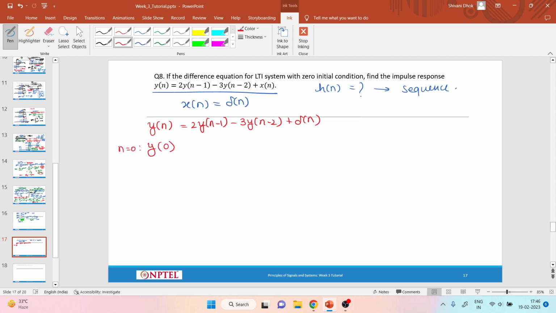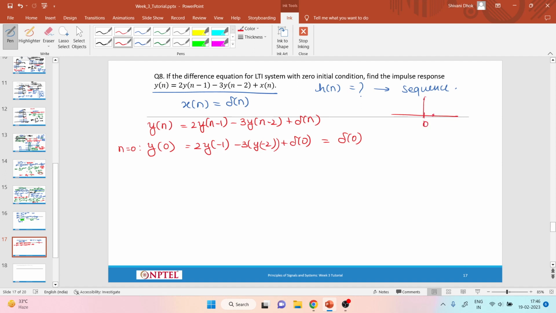So y of 0 is equal to 2 times y of minus 1 minus 3 times y of minus 2 plus delta of 0. Here y of minus 1 and y of minus 2 are 0. Therefore this is equal to delta of 0, and this is my unit impulse.